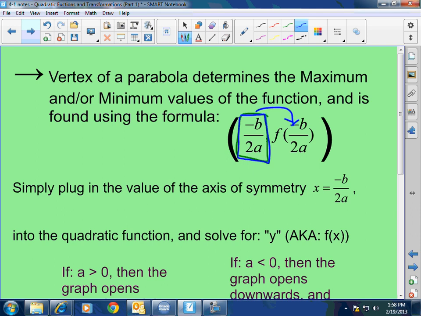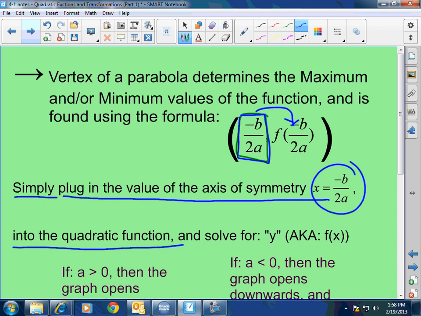So simply plug the value of the axis of symmetry into the quadratic function and solve for y, also known as f of x. For example, if I find that the axis of symmetry is 2, I'm going to plug that 2 into all of the x's of my quadratic. The y value that I get, that's going to be my vertex then, that x and that y.